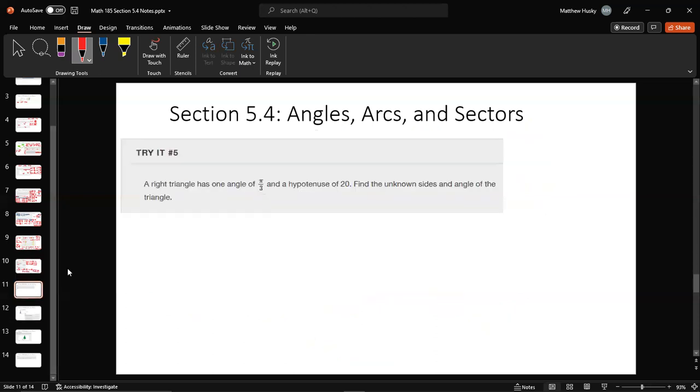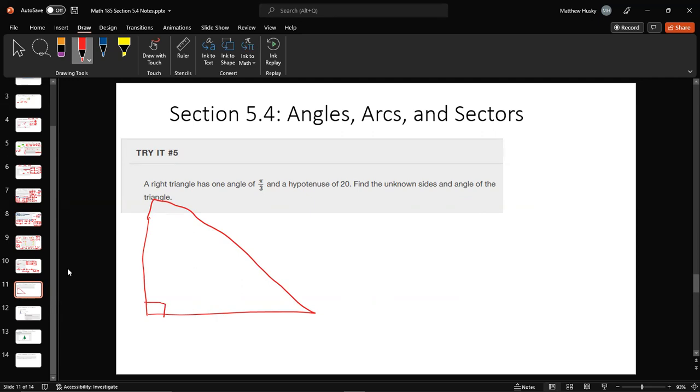Let's see. A right triangle has one angle of pi over 3 and a hypotenuse of 20. Find the unknown sides and angle of the triangle. Okay. Well, let us draw a picture, shall we? Here we go.